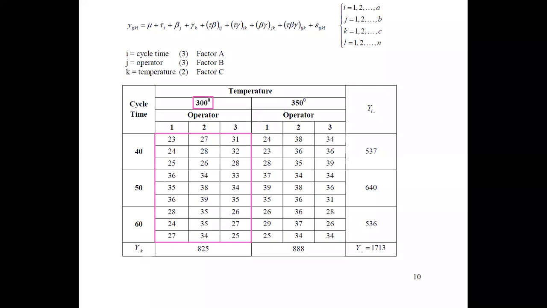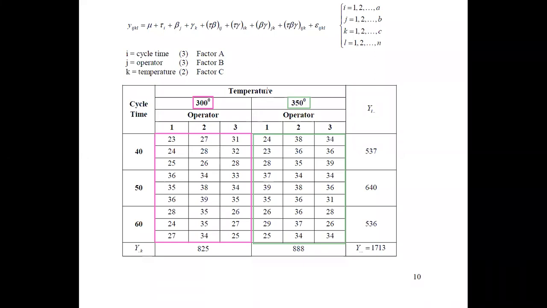And now we have to do the same thing for 350. If you are taking the values for 350, then you need to get this set of values, and here also we can see another 27 values. Therefore, you can get the total of the observations for the temperature 350.